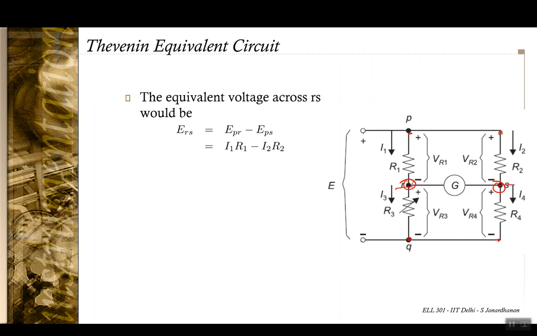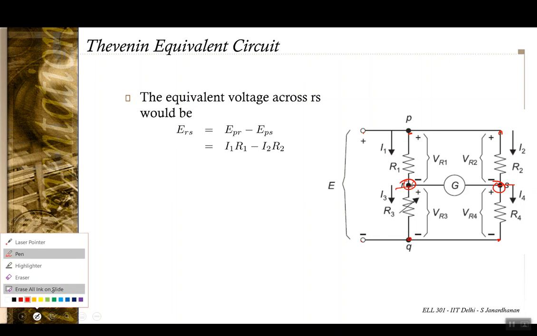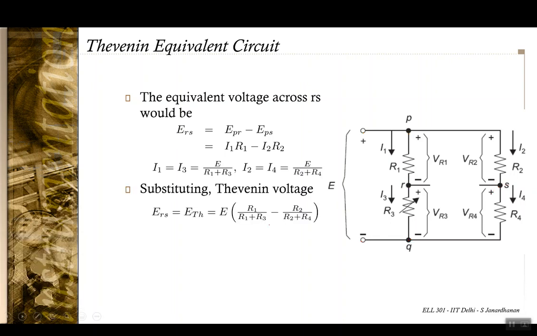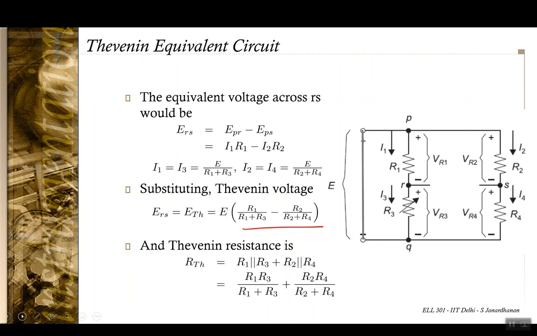That is quite easy to decipher. It will turn out to be ERS with the same expression, R1 by R1 plus R3 minus R2 by R2 plus R4, and if the bridge is balanced, this should be 0. Let's see now, we want to see sensitivity around this region, so let us have it as this.